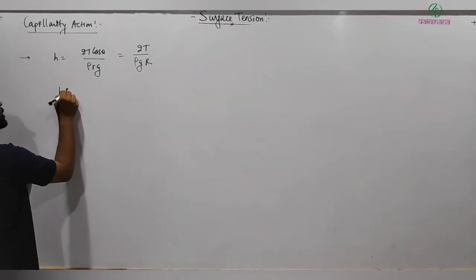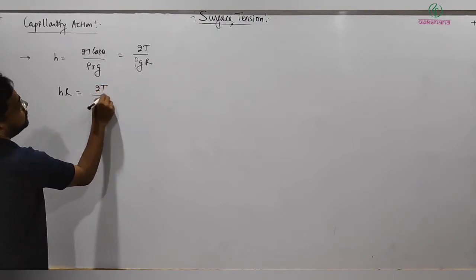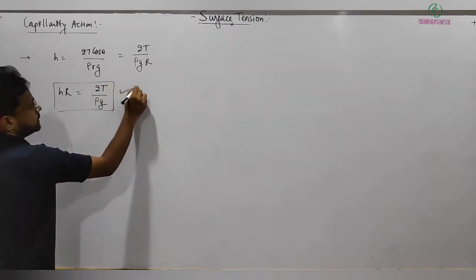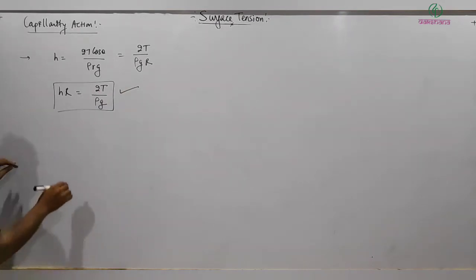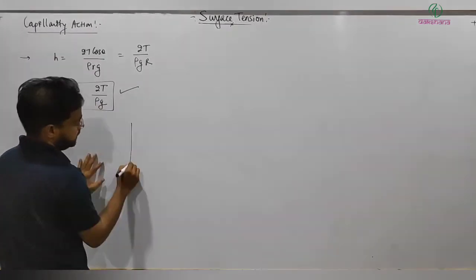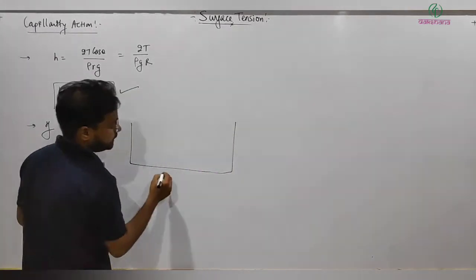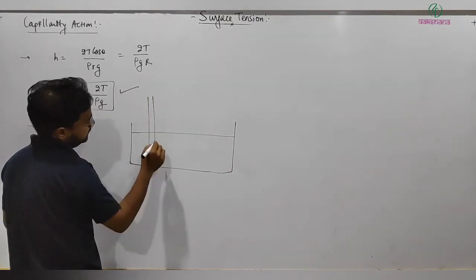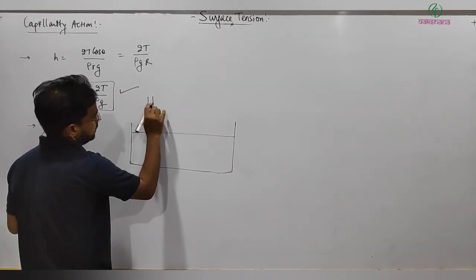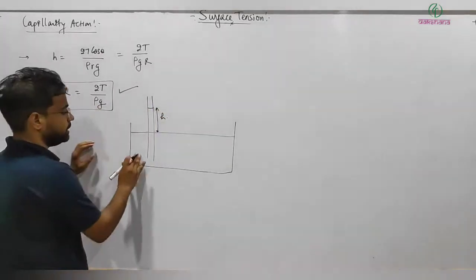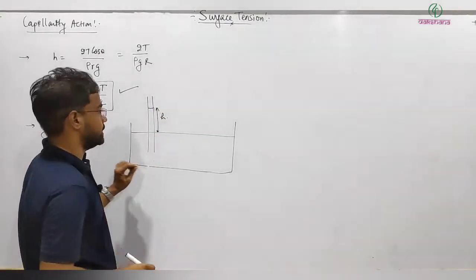So h into R is equal to 2T divided by rho into g, and that will be constant. Now my point here is that, let's suppose we have this container and this is the capillary and liquid rises here up to this height h.